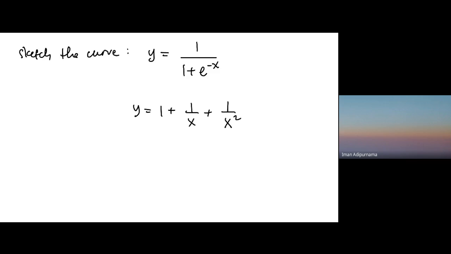So the domain should be okay. And then the intercepts: check when x equals 0 and when y equals 0. For the first one, I think there is only a y intercept.